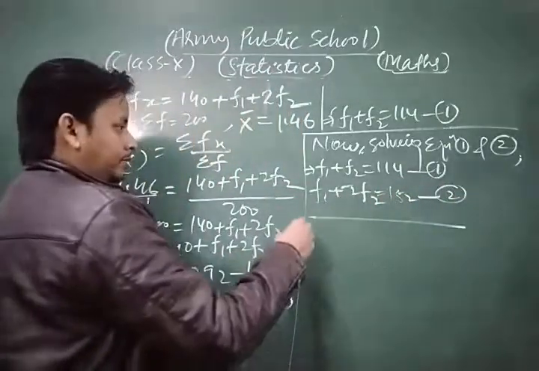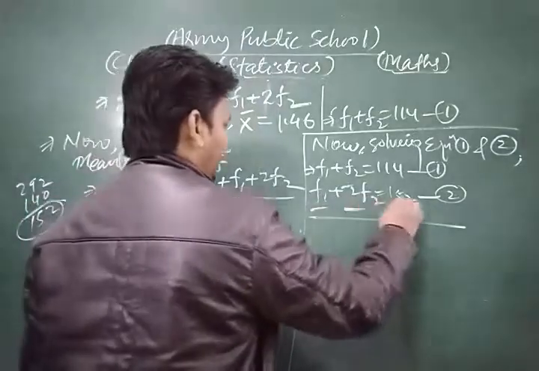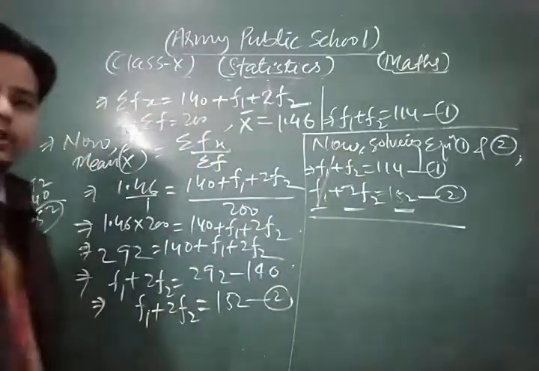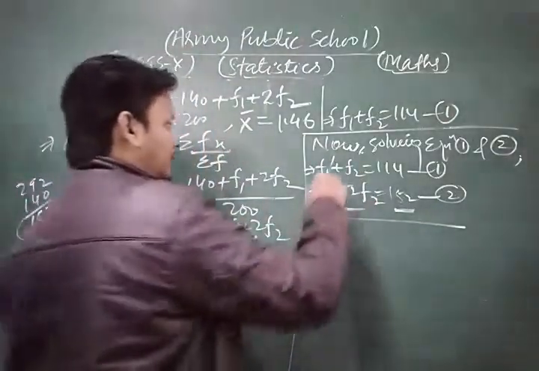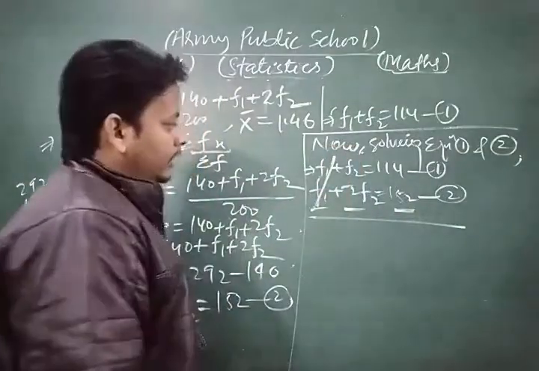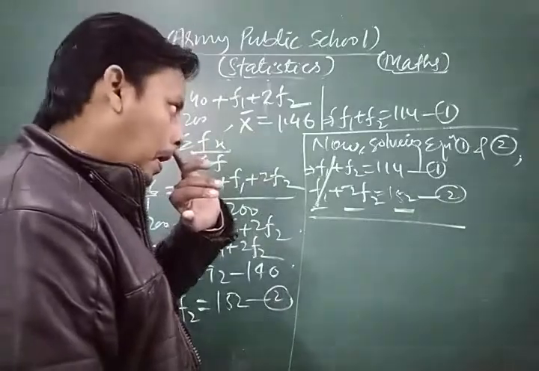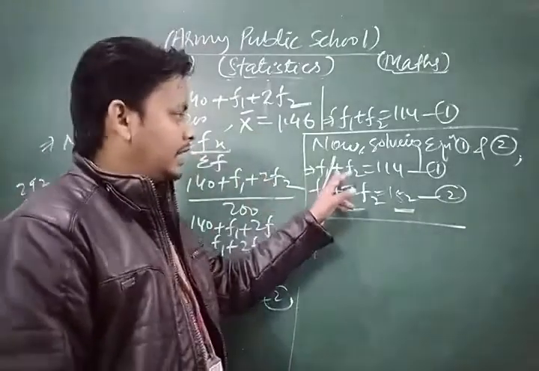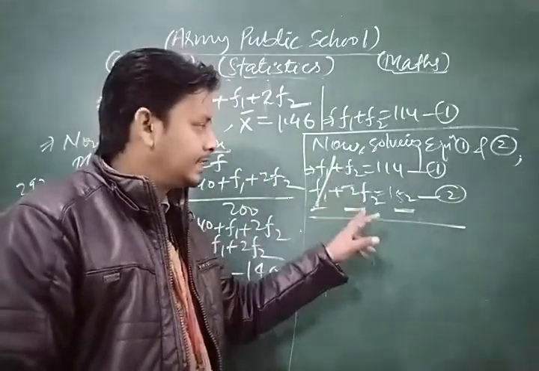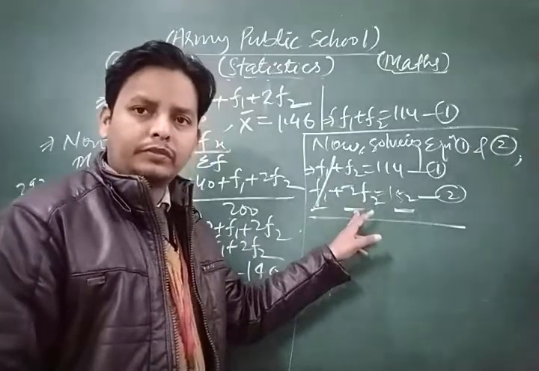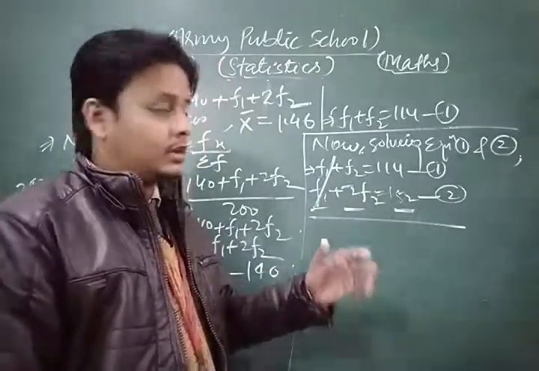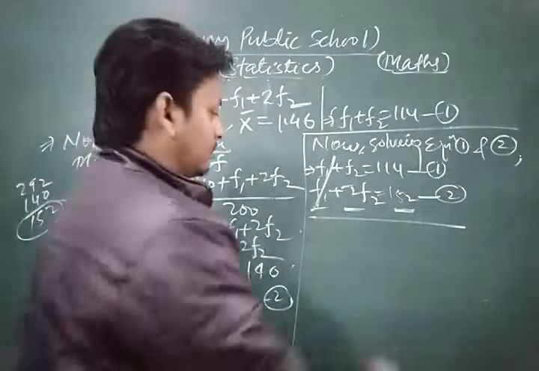Now subtracting them, f1 and f1 cancel each other. Plus f2 minus 2f2, so we get minus f2.